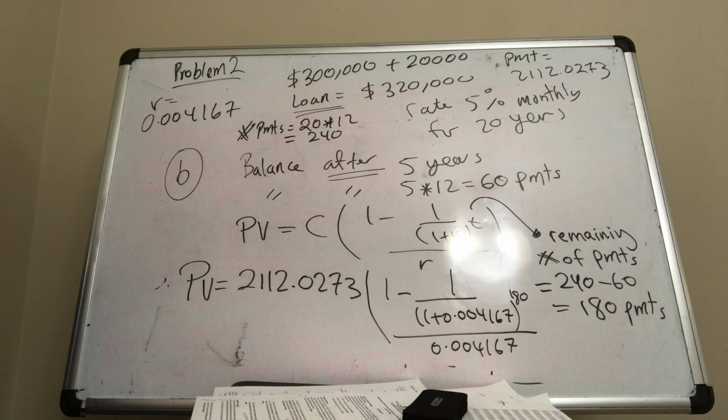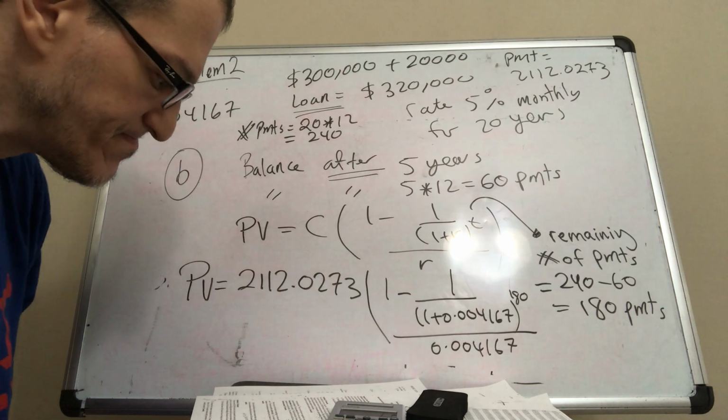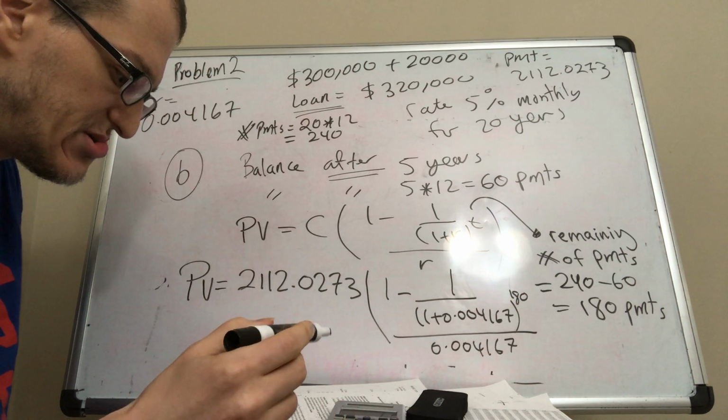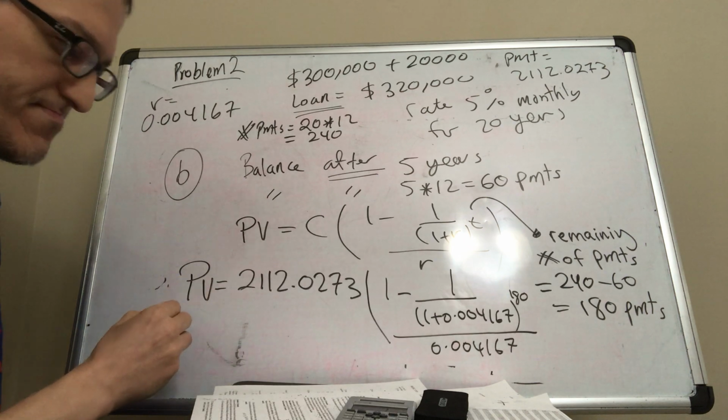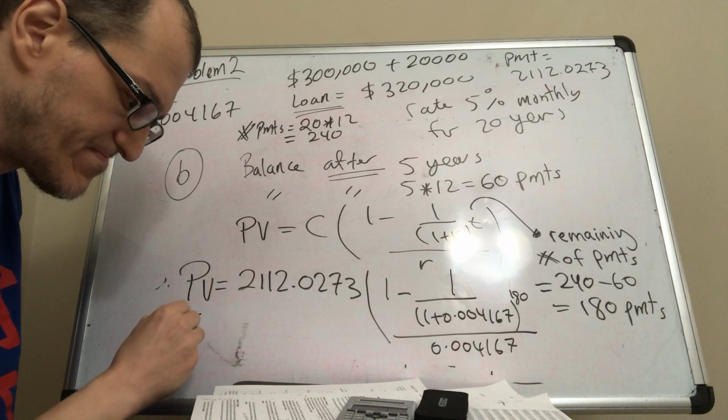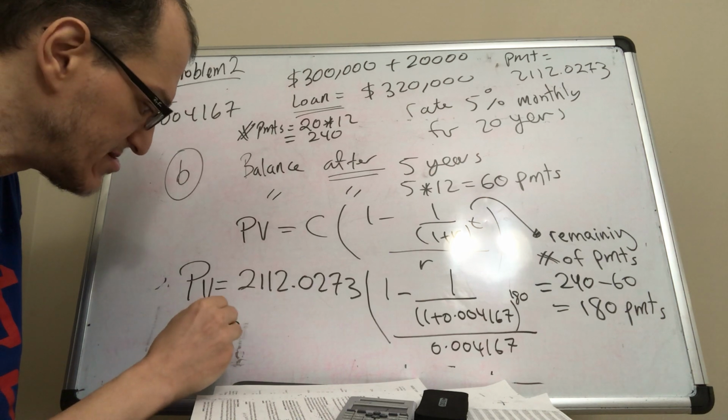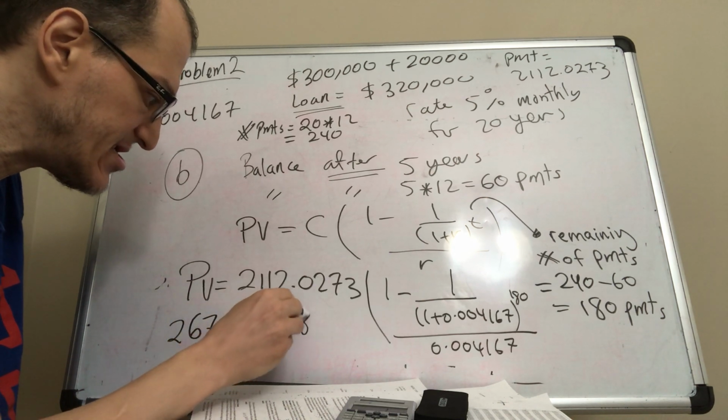Okay, 1 minus the interest. So you still owe them 267,069.8877.